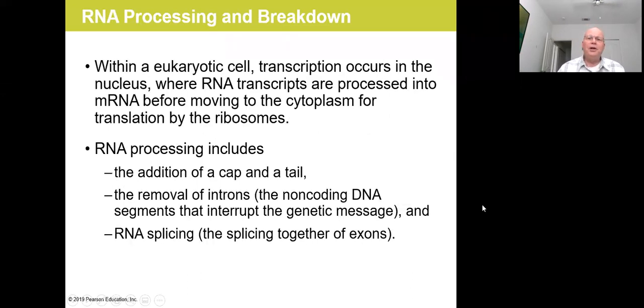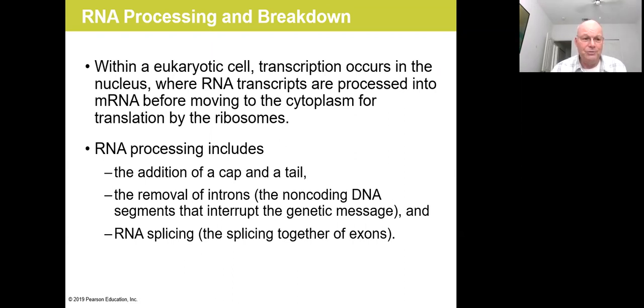So once we've got transcription underway and we finally get a transcript, remember that transcript is not the final messenger RNA. It is just a copy of the gene, or the gene region. But we know from our previous discussion of transcription that eukaryotic genes are laid out a little bit differently from prokaryotic genes.